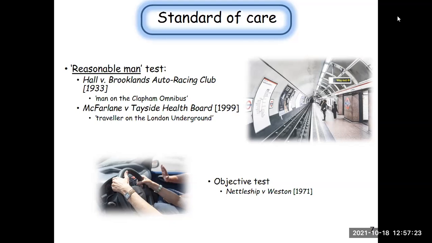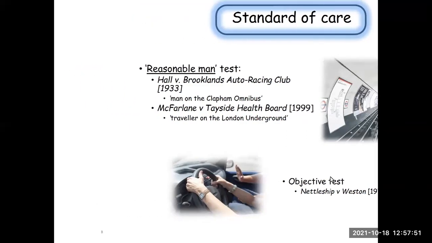And the court said, no, the objective test is the same for everybody, regardless of your circumstances. So whether you've been driving for 50 years or whether this is your first time on the road as a learner driver, all of us, once we drive on the roads, are kept to the same standard. And that standard is the reasonable man test.